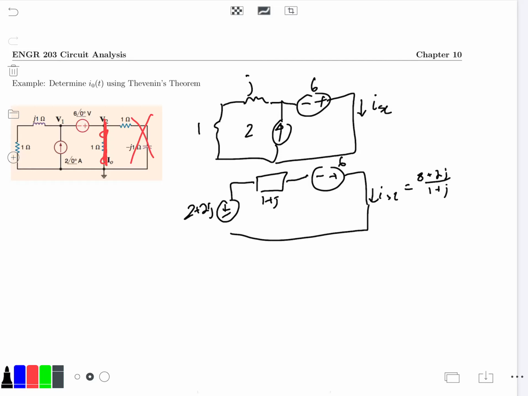Then, instead of finding my VOC, I could try to find the equivalent impedance. Now we can do this only because I have only independent sources in the problem. So we're allowed to do this. Remember, if you had dependent sources, it causes more problems on Thevenins. And the way you do this is you go ahead and remove your sources.